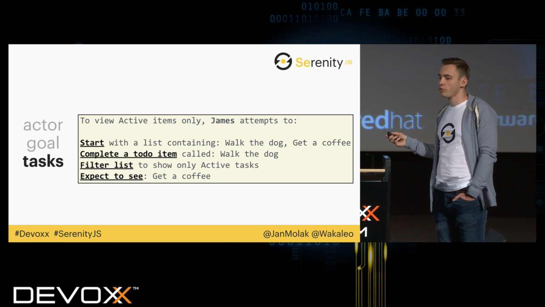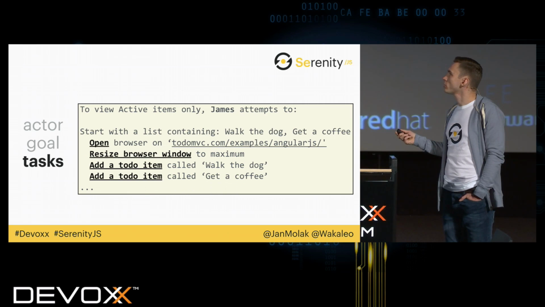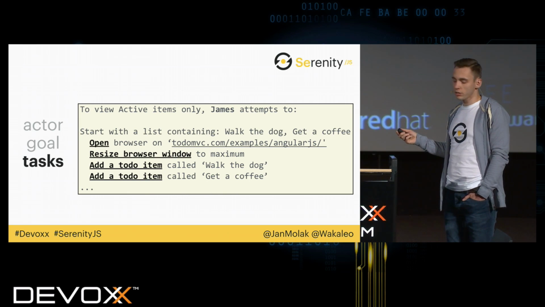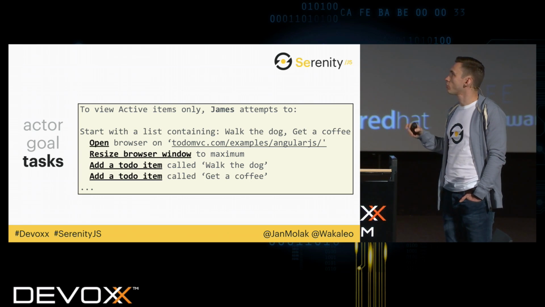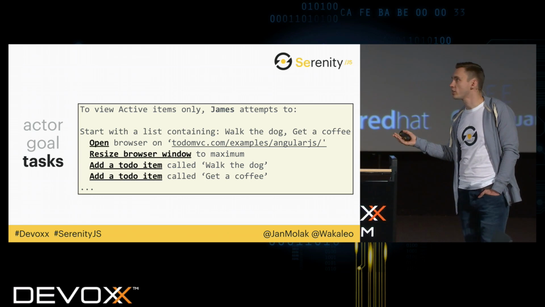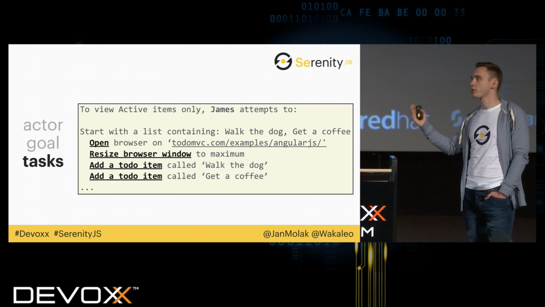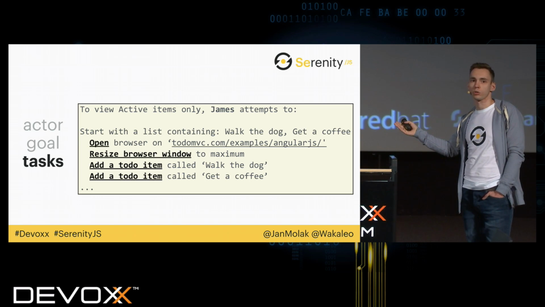Now, if we take this idea further, we could actually see that some of those tasks can be composed of other lower level ones. So, for example, to start with a list containing some items means to open the browser, resize it, add an item, and so on.